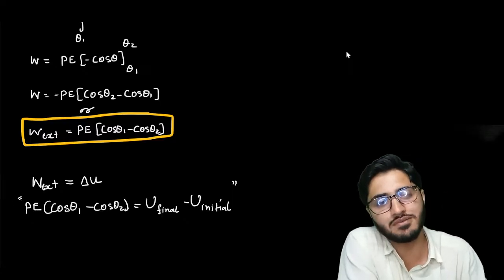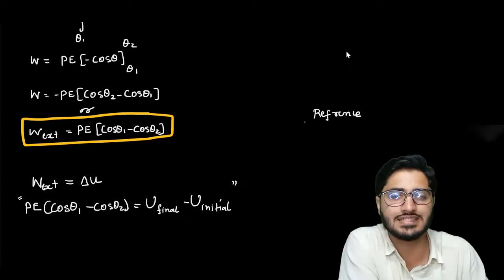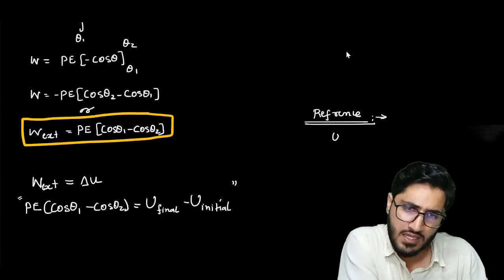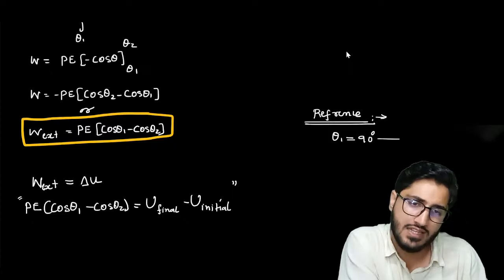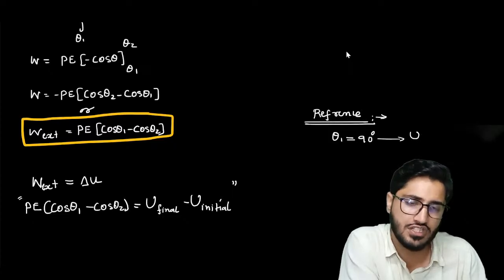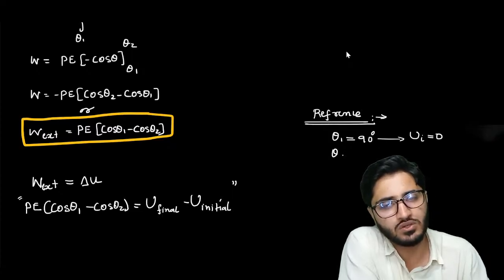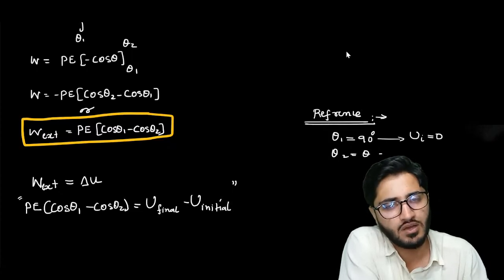You need to take some reference point, according to NCERT. That is, theta 1 is 90 degrees. At this 90 degrees, my energy would be equal to 0. Theta 2 is theta, and the energy is U only.